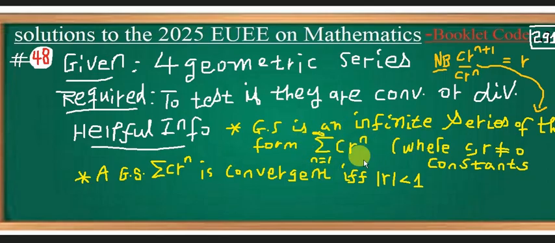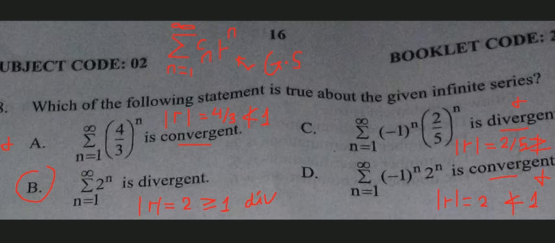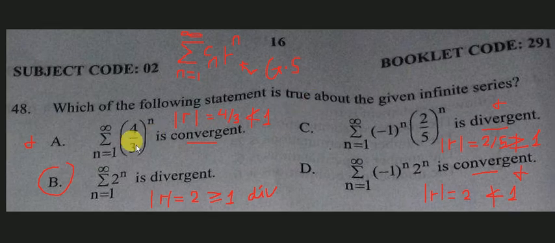Now, when is a geometric series called convergent? It is convergent if the common ratio in absolute value is less than 1, otherwise divergent. In short, we look at r: if the absolute value of r is less than 1 it is convergent, otherwise it is divergent. So let us see the choices. For a, the common ratio is 4/3, in absolute value not less than 1, so it is not convergent. Wrong.